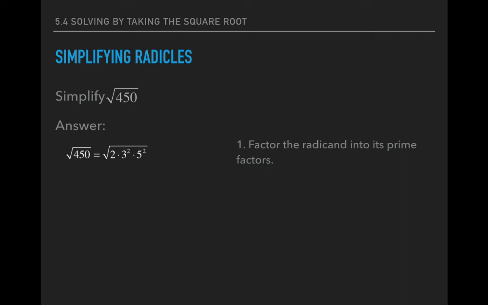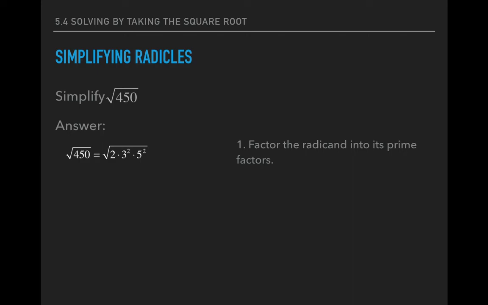Now, we've kind of talked about this. It sounds maybe a little silly, but because there are 2 3s, one of them kind of sacrifices itself to come outside, as does the 5, because they have partners.